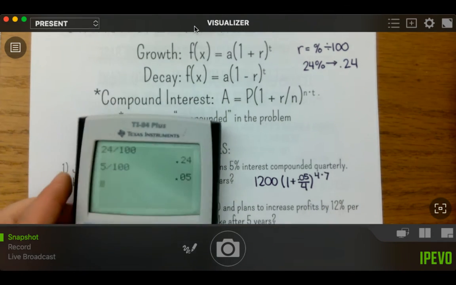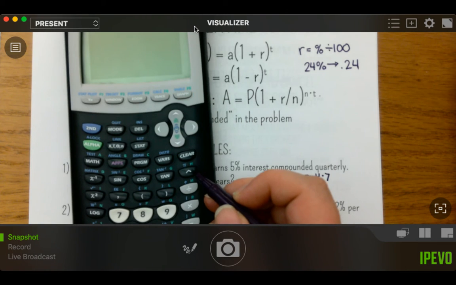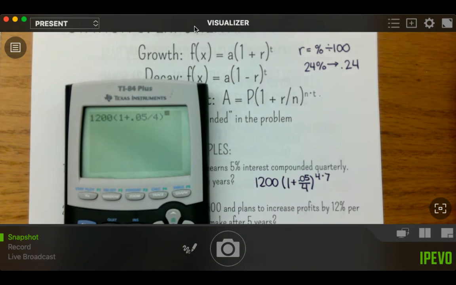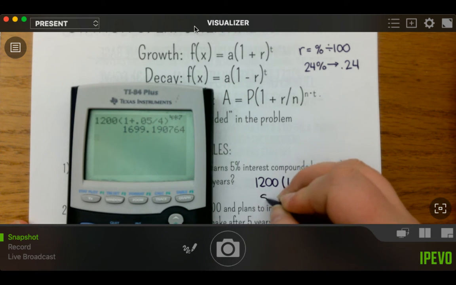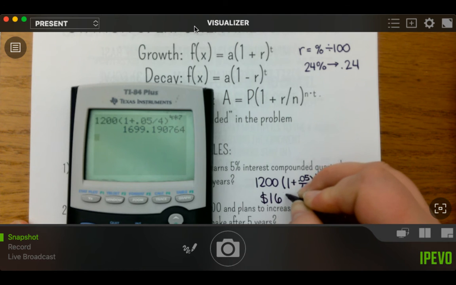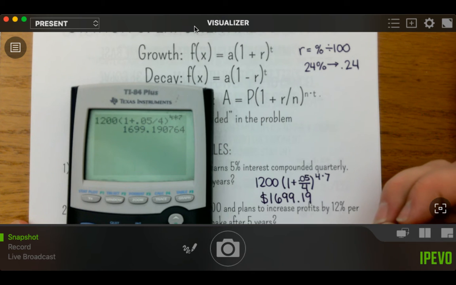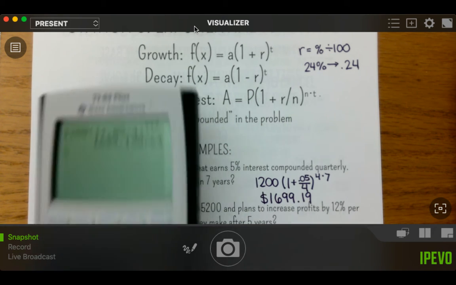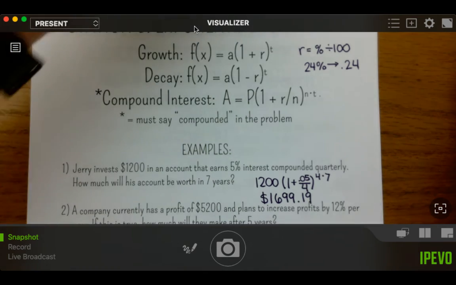And then we're going to type this into our graphing calculator, not your phone calculator. 1 plus 0.05 divided by 4, exponent, remember that that's this button right here, 4 times 7. That gives $1,699.19. Always round to 2 decimal places for money because you need cents. Makes sense to use cents.